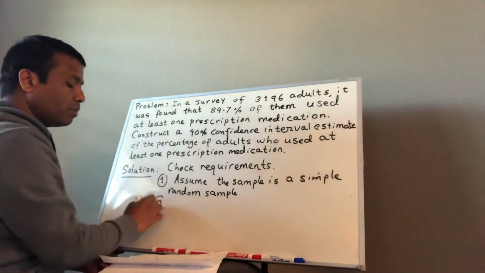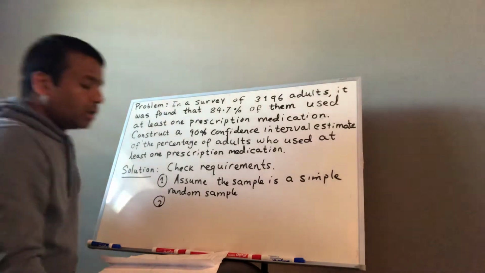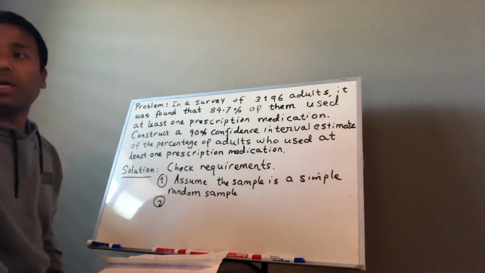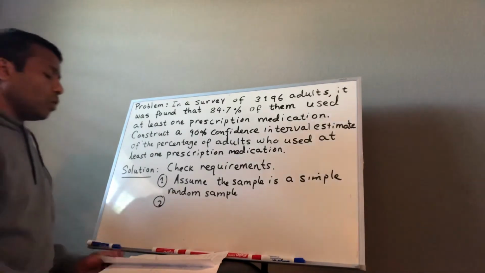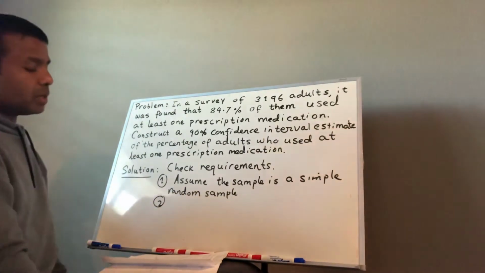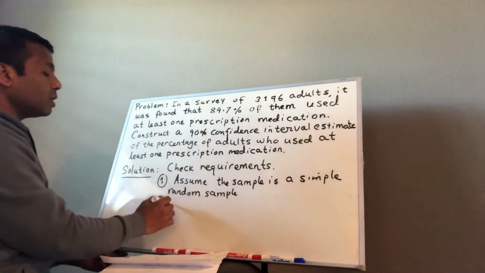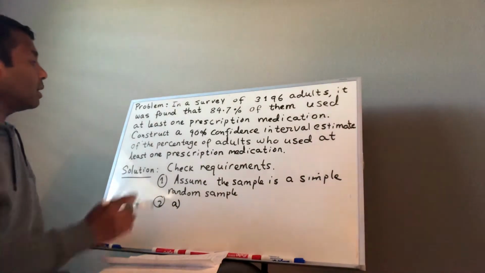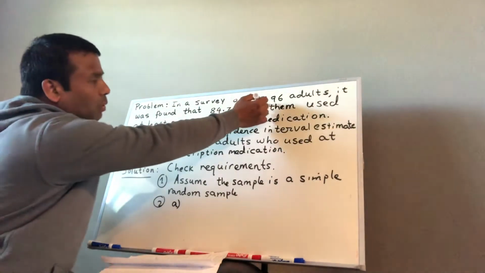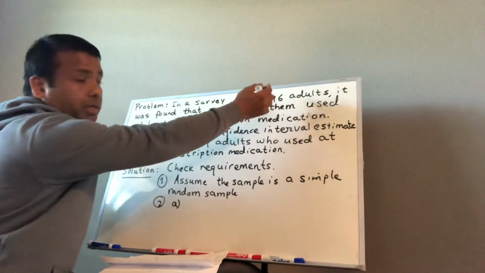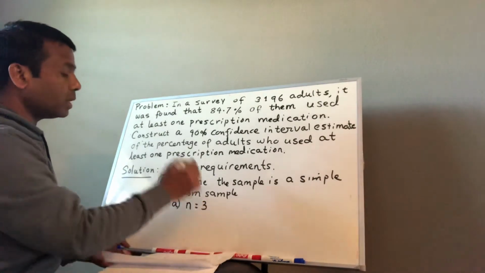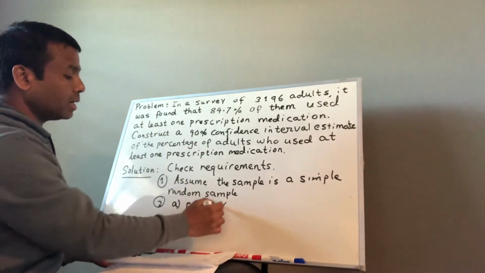And in number 2, the conditions for the binomial distribution must be satisfied. So what are the conditions for the binomial distribution? The first condition is there should be a fixed number of trials, and you see here we have 3,196 adults, which is the fixed number of trials, right?